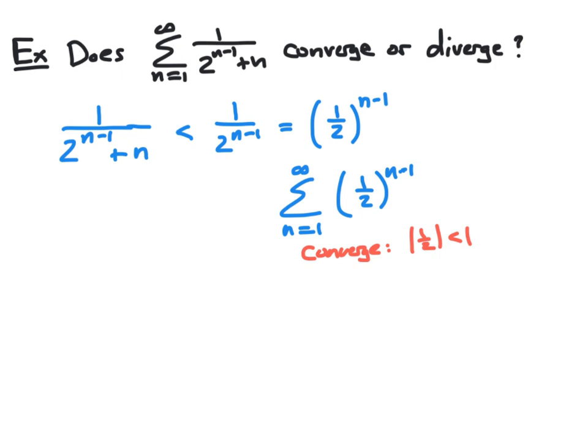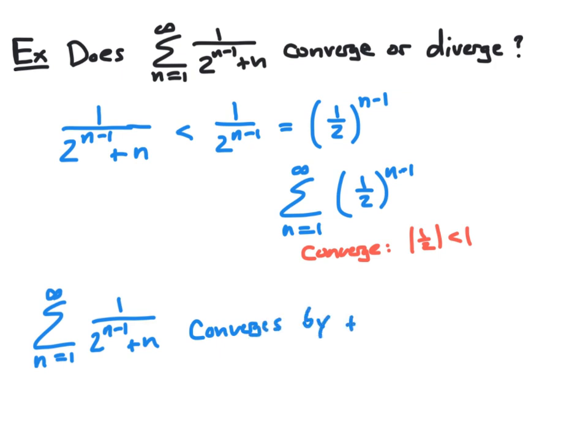And so what we have here is a series whose terms are smaller than the terms of a convergent series. And therefore, by the first part of the comparison test that we just stated, the sum n equal 1 to infinity of 1 over 2 to the n minus 1 plus n is going to converge by the comparison test.